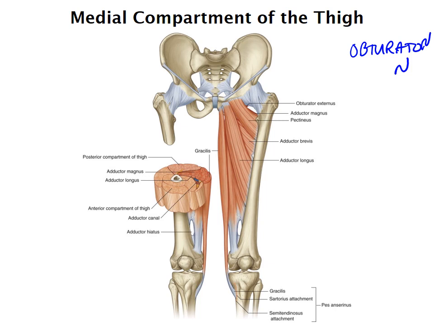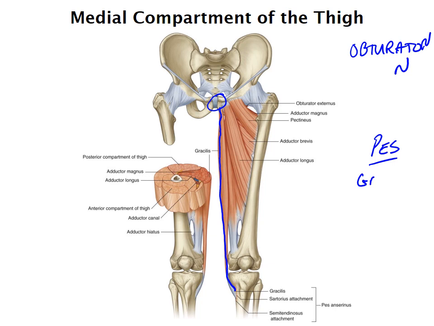The gracilis is a long strap-like muscle on the medialmost aspect of the thigh. Here we see it inserting down into the proximal tibia. It descends vertically from the ischiopubic ramus to the pes anserinus on the medial side of the proximal tibia. So now we have seen two muscles going into the pes anserinus.